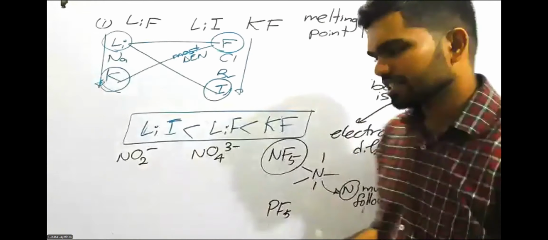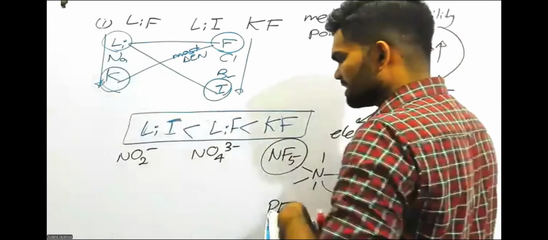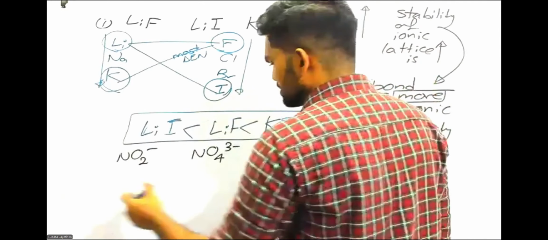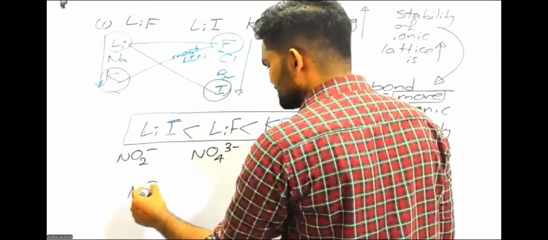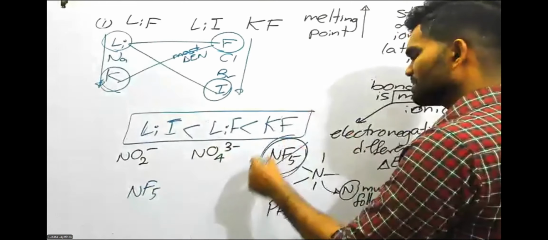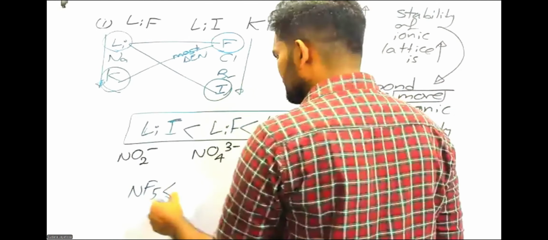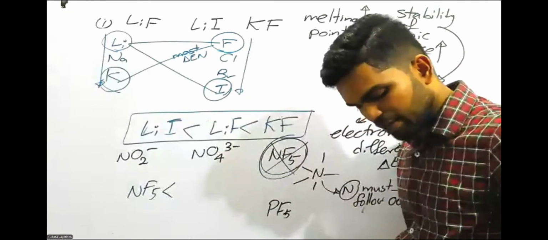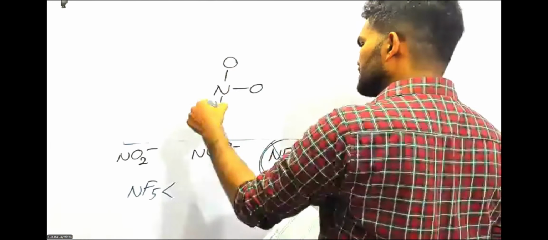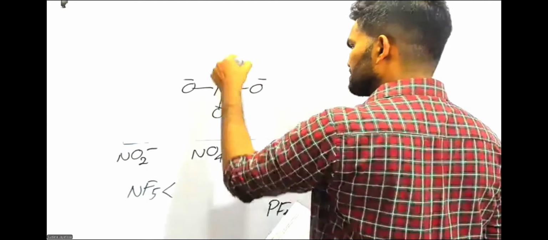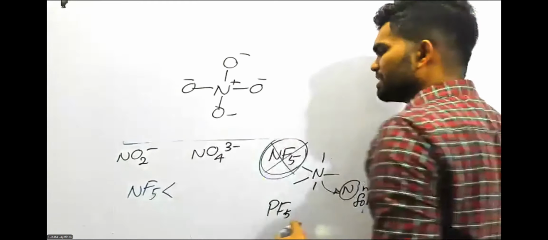So NF5 is the least stable one. They're asking for ascending order. So this one basically doesn't exist. That's the least one. Then if you go to the other two structures, look carefully. NO4 3 minus will have so many charges.